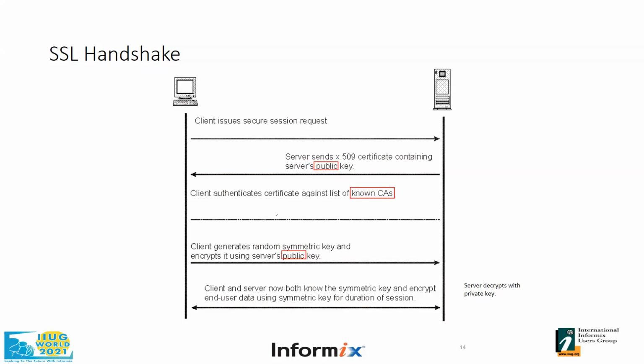If the client can't authenticate it, the connection will be broken and no connection will happen. If everything happens okay, the client generates a random symmetric key and encrypts it with the server's public key and sends it back to the server. Okay. After the server gets it, he decrypts it with his private key, and now the client and the server know the symmetric key, and they can use that key to encrypt and decrypt data for the duration of the session.